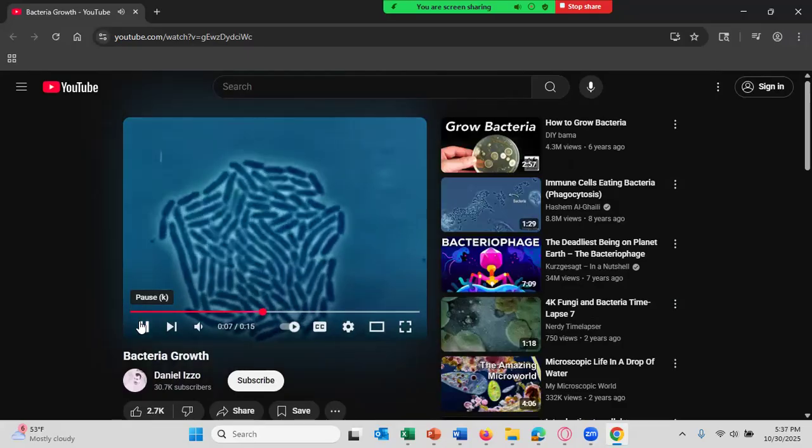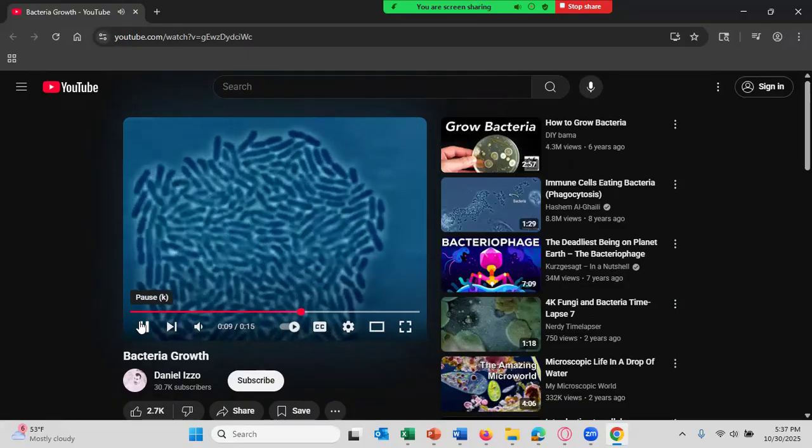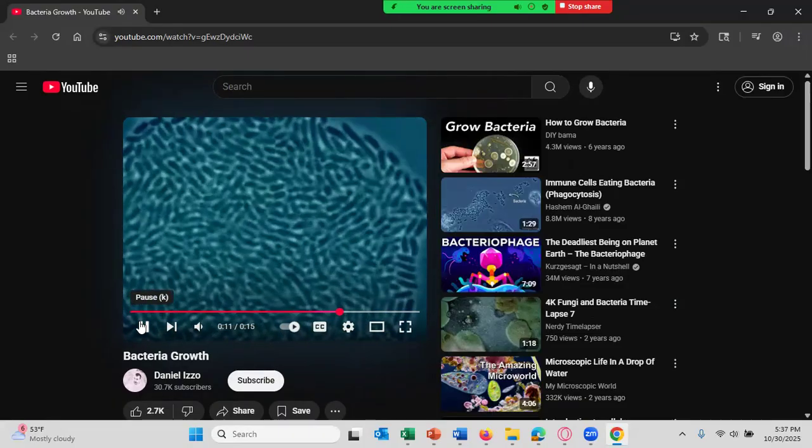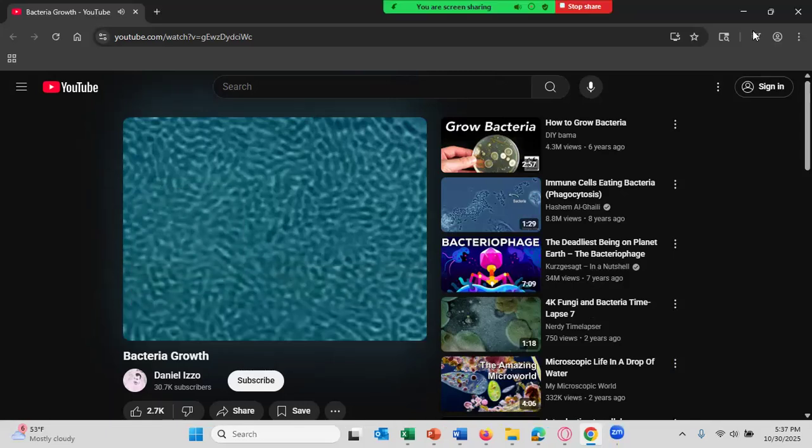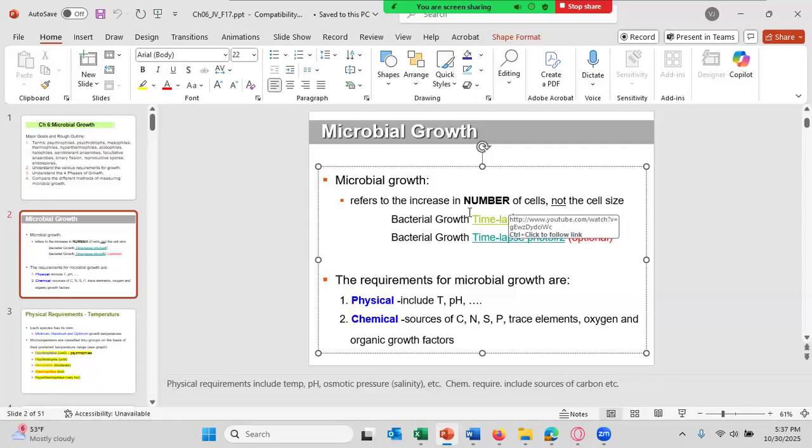Just one bacterium, dividing every 20 minutes, could produce nearly 5,000 billion bacteria in one day. Any question about any of that?